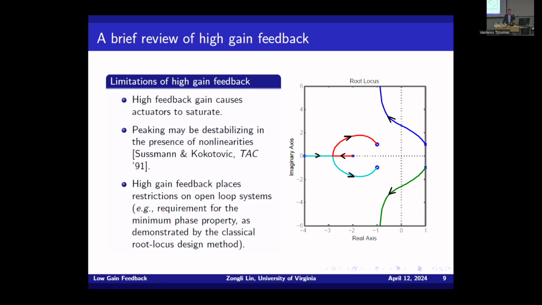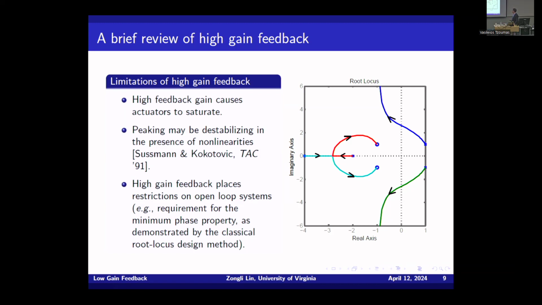This was first identified by Sussmann and Petar Kokotovic in the famous 1993 transactions paper, in the context of nonlinear stabilization. Basically, it says that if the linear subsystem has this peaking, and there is a minimum phase nonlinear zero dynamics, this peaking will destroy the stability of the zero dynamics. So this is bad for high gain feedback.